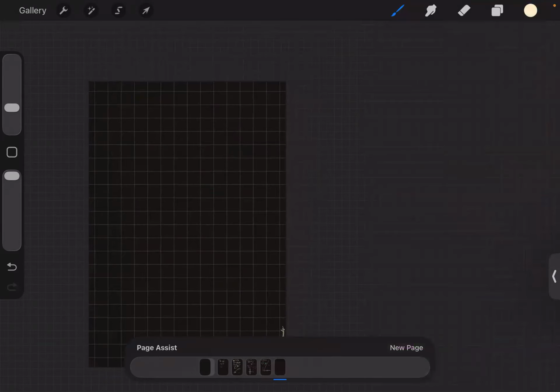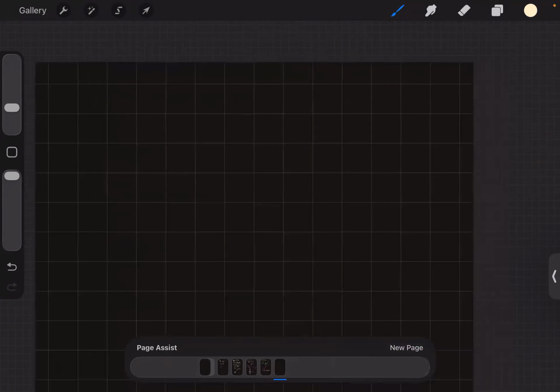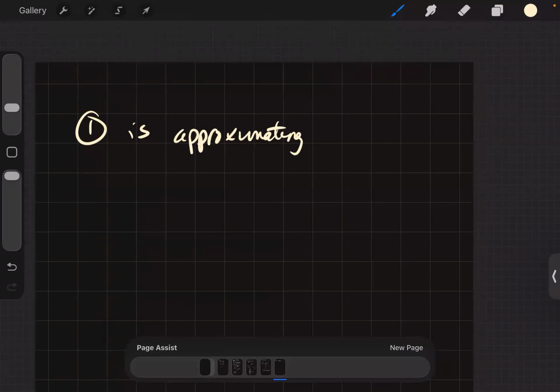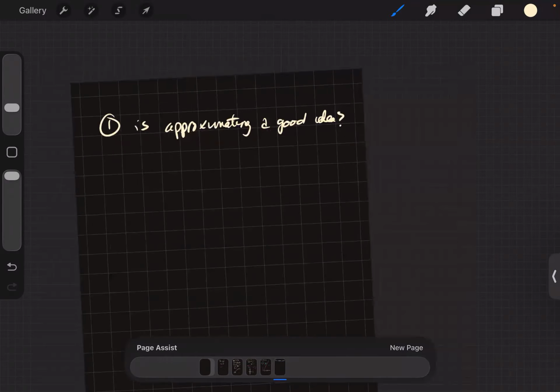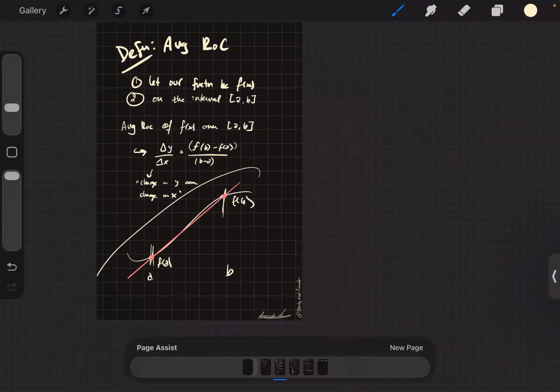Let's talk some approximations. One, is approximating a good idea, right? And what we're going to do is review here. Was approximating okay here?